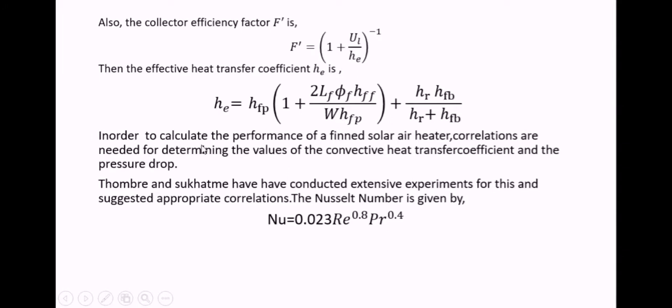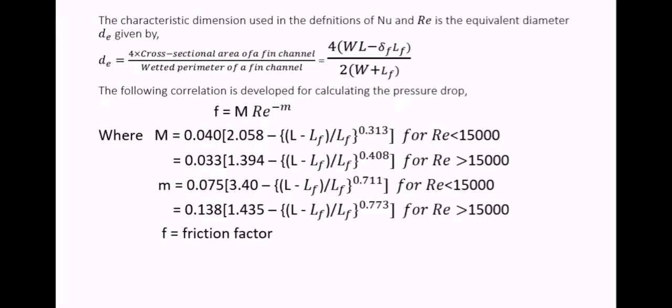In order to calculate the performance of a finned solar air heater, correlations are needed for determining the values of the convective heat transfer coefficient and the pressure drop. Tomba and Sugatme have conducted extensive experiments for this and suggested appropriate correlations. The Nusselt number is given by Nu is equal to 0.023 Re raised to 0.8 Pr raised to 0.4.